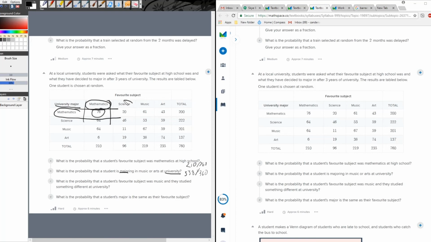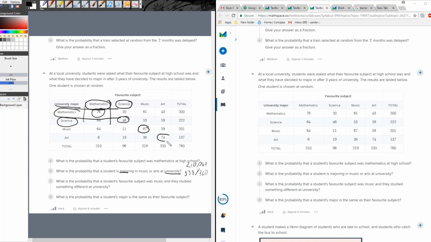Now this one here we want science, but they also need to have science as their major. So that meets up here. Their favorite subject is music, so they also have to study university music. So that means we want this number here. And art, we also want their major to be art.